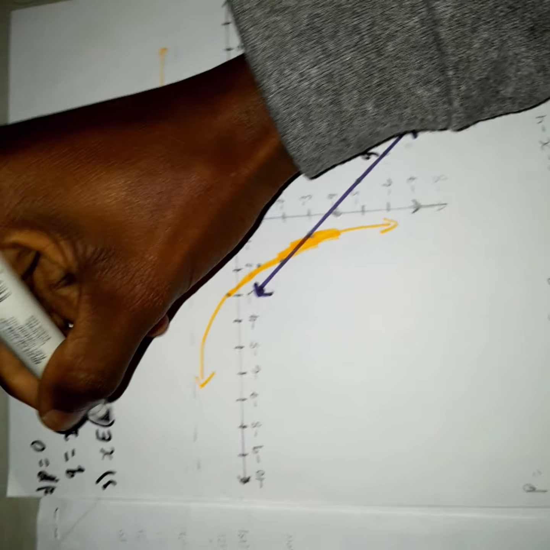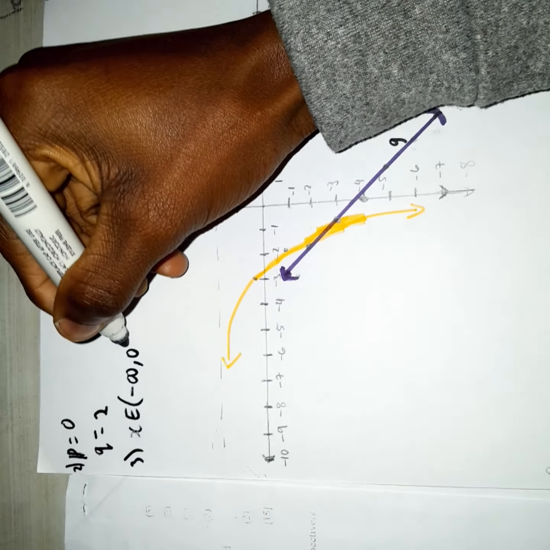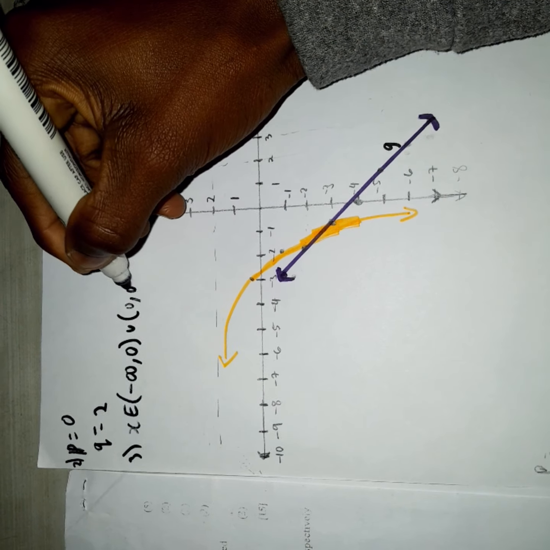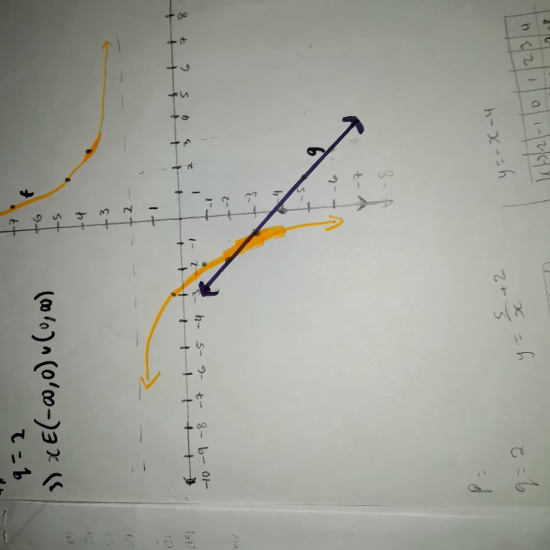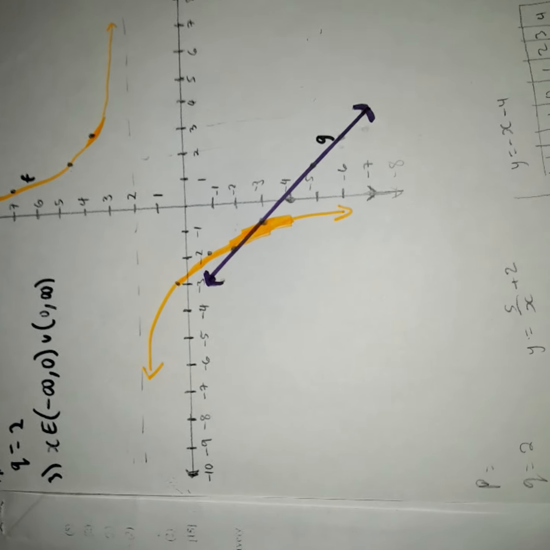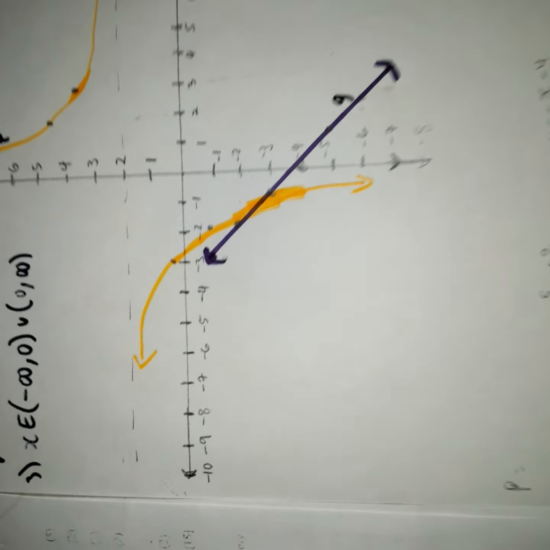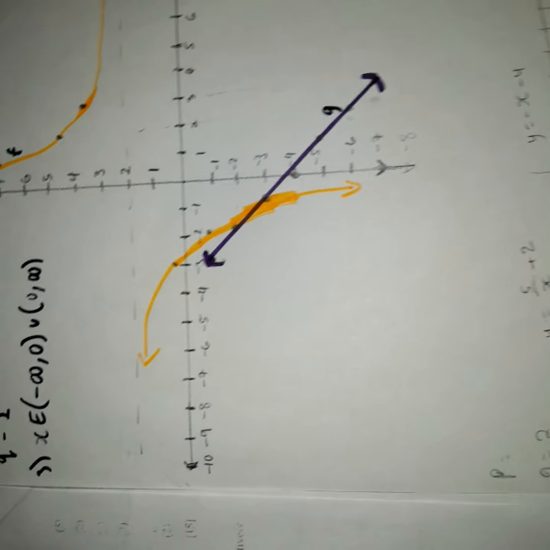So it's from the negative x-axis to 0, then it will start again at 0 to the positive x-axis. Here we cannot really say that they are included, because remember that it doesn't even touch here at 0, you can see. So let's do the next question.